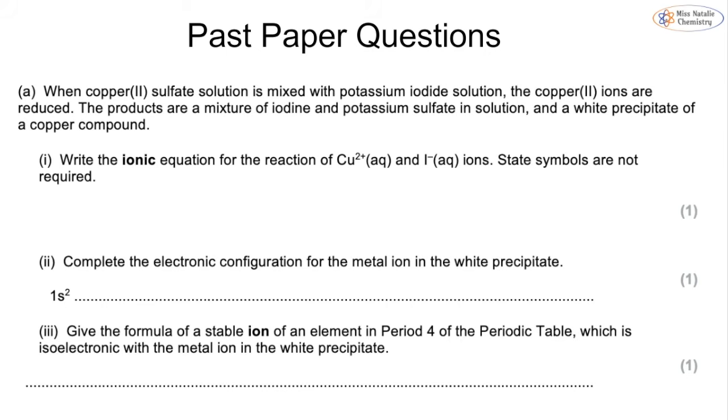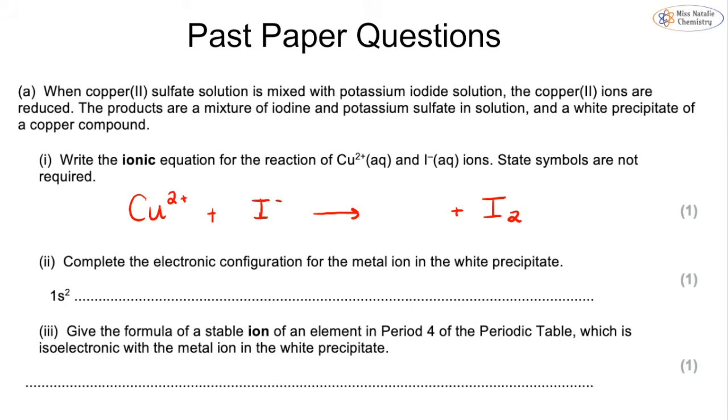And we don't have to write any state symbols here. So we're going to have the Cu2+, and it's going to be reacting with the iodide. And we know that we are going to make iodine, and we're making a white precipitate of our copper compound. Well, this has to be the copper iodide because the potassium sulfate has already been used, and that's a spectator ion.